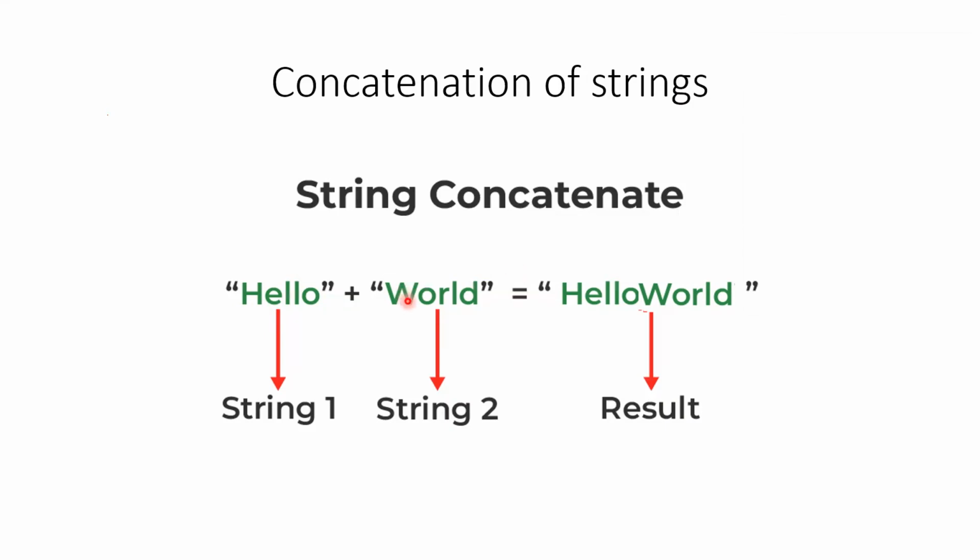You can observe that there is no space between the two strings. They will be joined as they are, meaning there will not be any special character or any kind of space whenever we join two strings. Joining two strings and getting the result is called string concatenation.